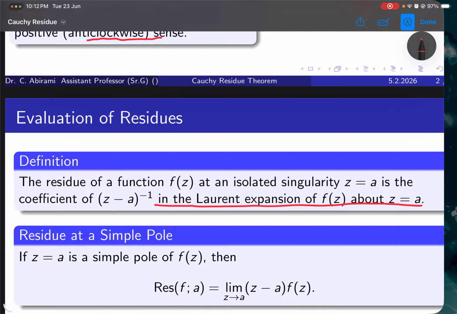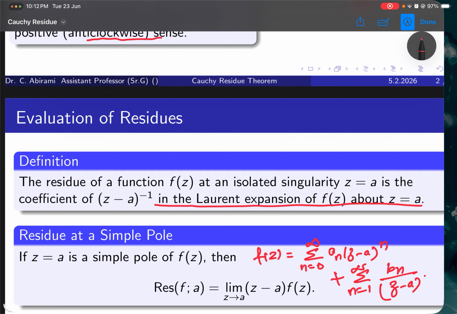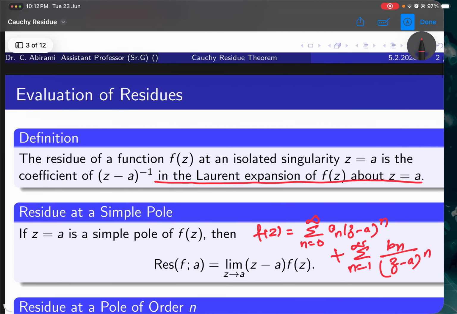In Laurent expansion, we already know the Laurent series: f of z is equal to summation n is equal to 0 to infinity a n z minus a the whole to the power n plus summation n is equal to 1 to infinity b n divided by z minus a the whole to the power n. This expansion contains positive as well as negative powers of z minus a.